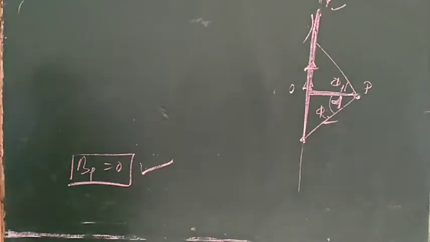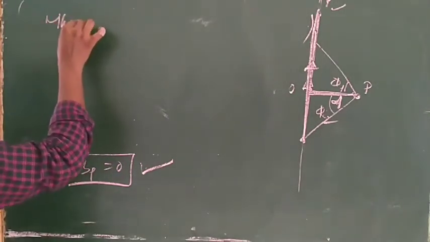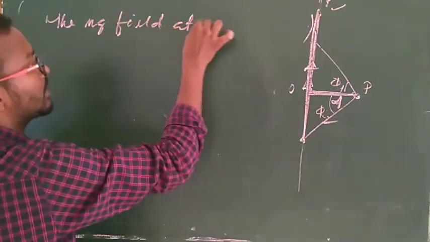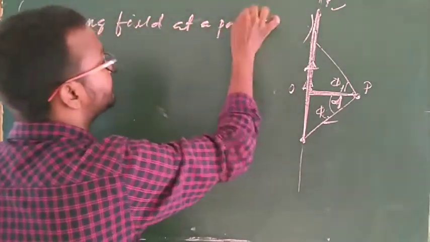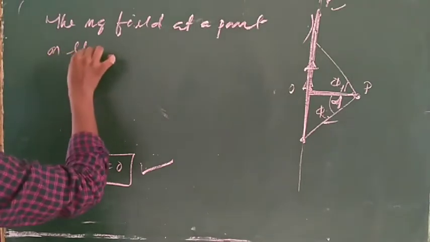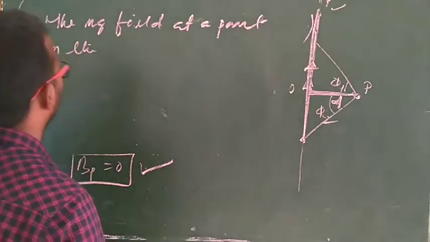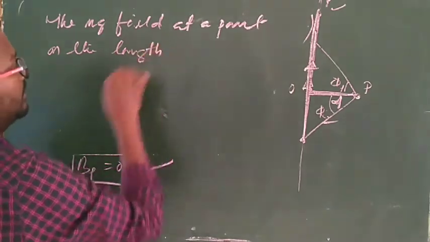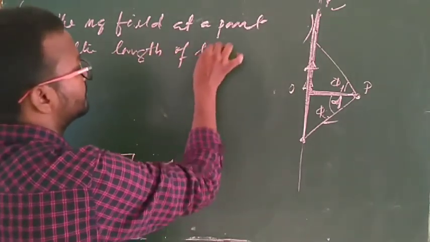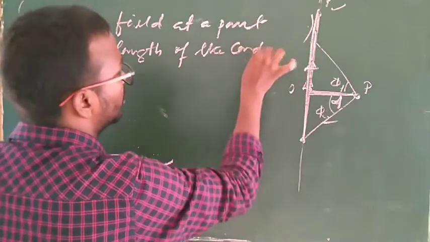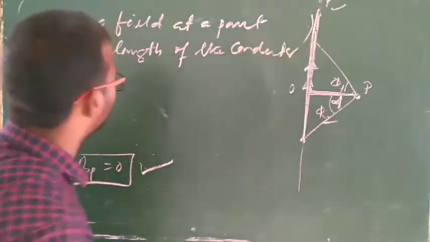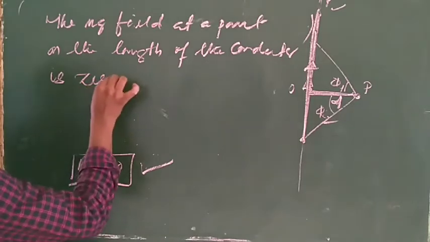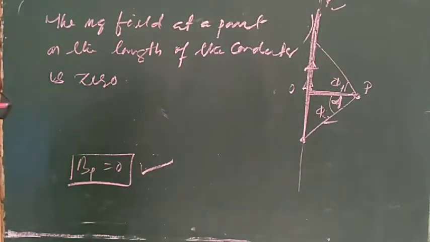the magnetic field at a point on the length of the conductor, or the length of the current carrying wire, is 0. Clear?